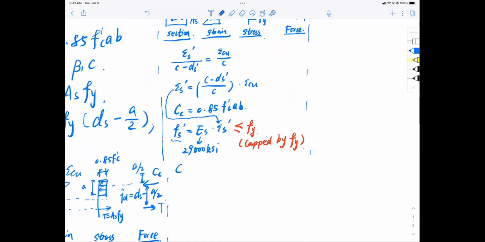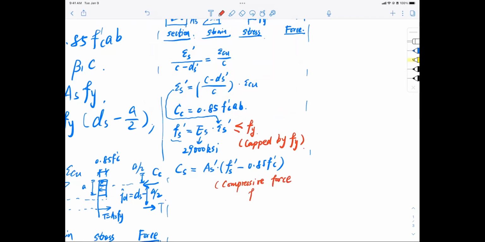Now you have the compressive force from the steel as well, Cs equal to As prime. And remember what we said about the hole: you remove the bar, you fill the concrete back in. So there is a 0.85 f prime c in brackets behind this whole thing. That is the compressive force from the compressive reinforcement.